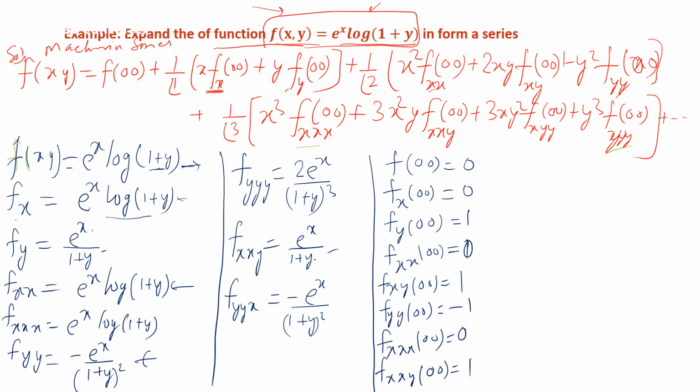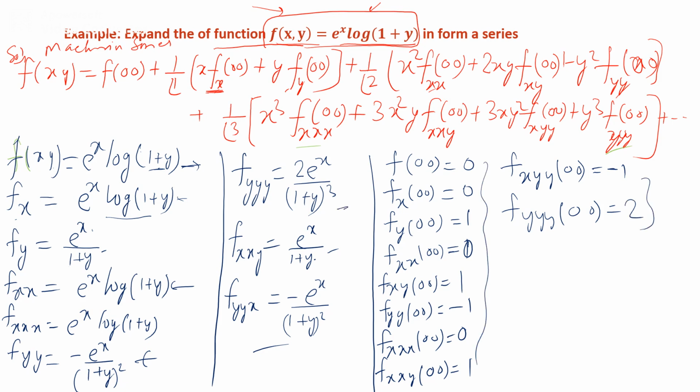And the remaining terms, we have f_xyy at (0,0), we get minus 1. For that function, f_yyy at (0,0), in that term we get 2. So all these terms we put in that equation.